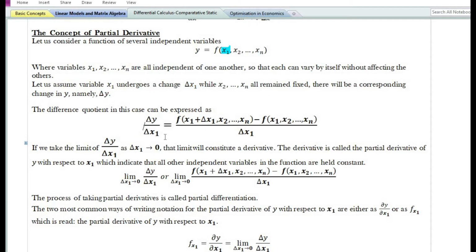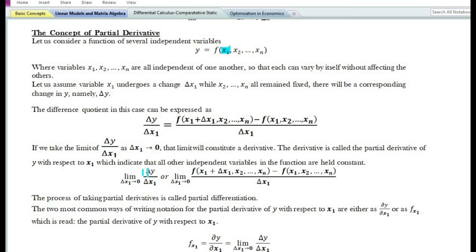The difference quotient in this case can be expressed as delta y by delta x subscript 1, which is the ratio of the change in y to the change in delta x subscript 1. In the difference quotient, we can see that y changes due to change in the independent variable x1 alone, while holding all other independent variables constant.